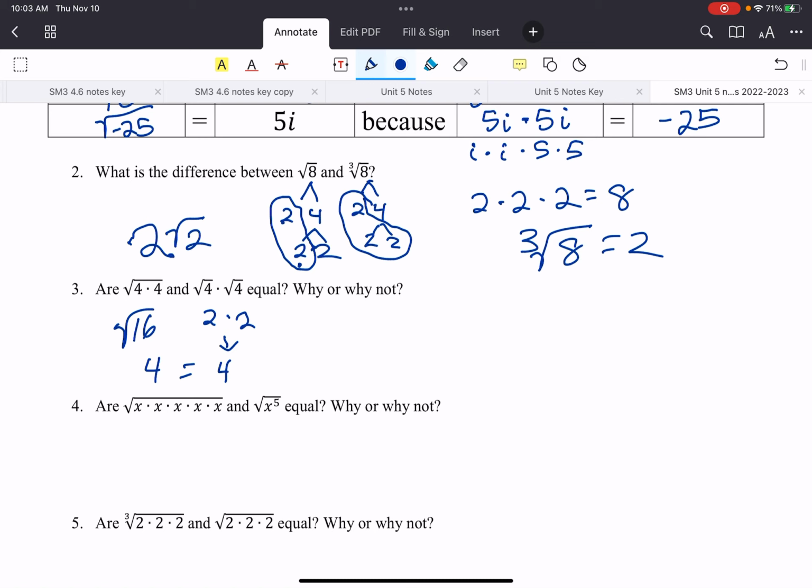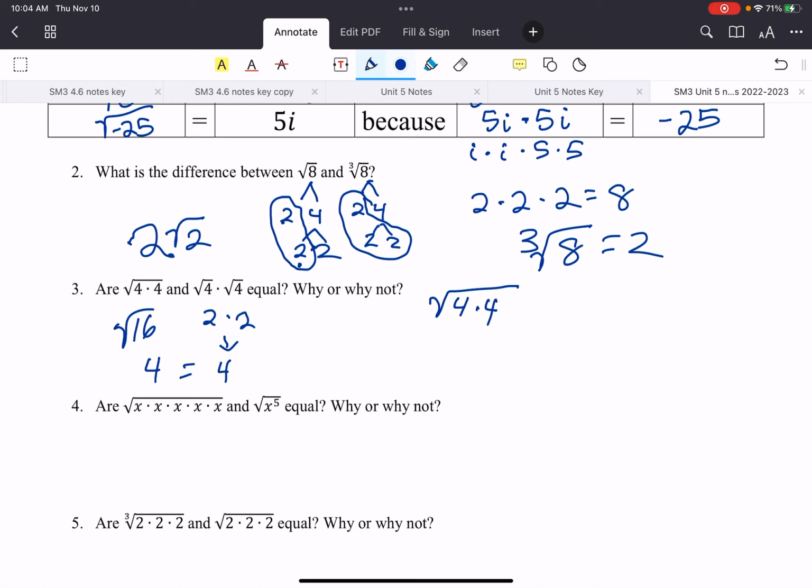Okay, remember this. You can multiply what's happening inside of a square root. If you're multiplying the square root of 4 times the square root of 4, then you can just take the square root and multiply them together on the inside.